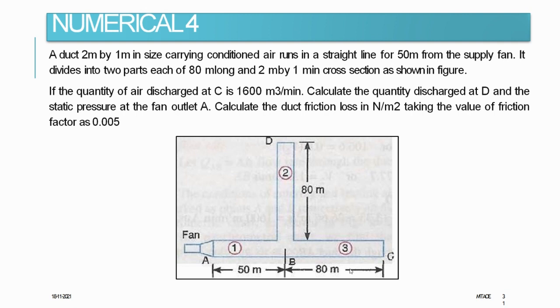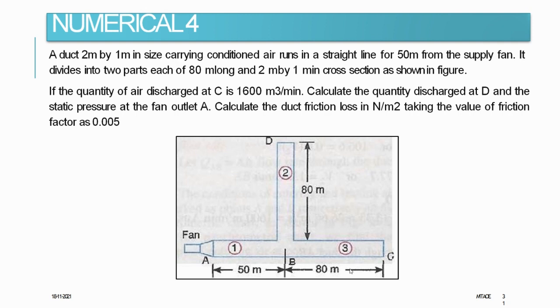if a duct of 2 meter by 1 meter size carrying conditioned air runs in a straight line for 50 meter from the supply fan, it divides into two parts, each 80 meter long and 2 meter by 1 meter in cross section, as shown in the figure. Its cross section and lengths are given.